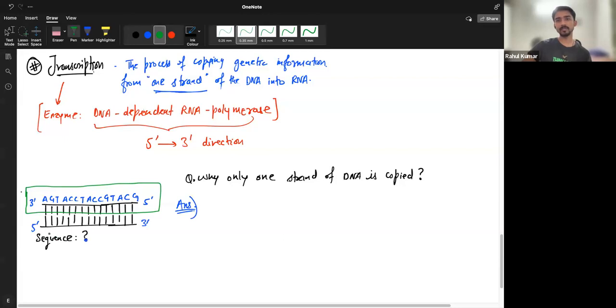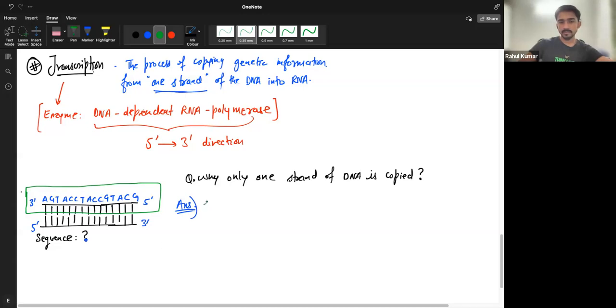But this problem does not hold its ground here, because once the DNA strand is open, both the strands can be copied in 5' to 3' fashion. Here we don't have to copy the whole DNA. We just have to copy a segment of it. So that's not a problem. But still, only one strand is copied. Why?